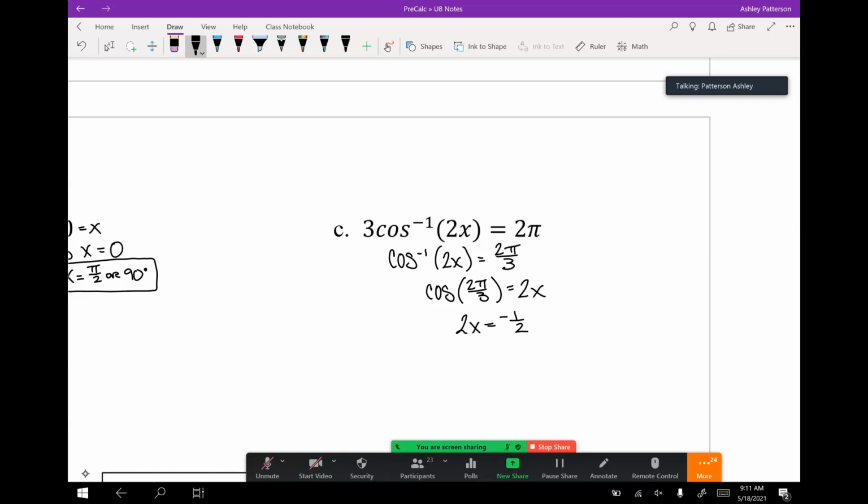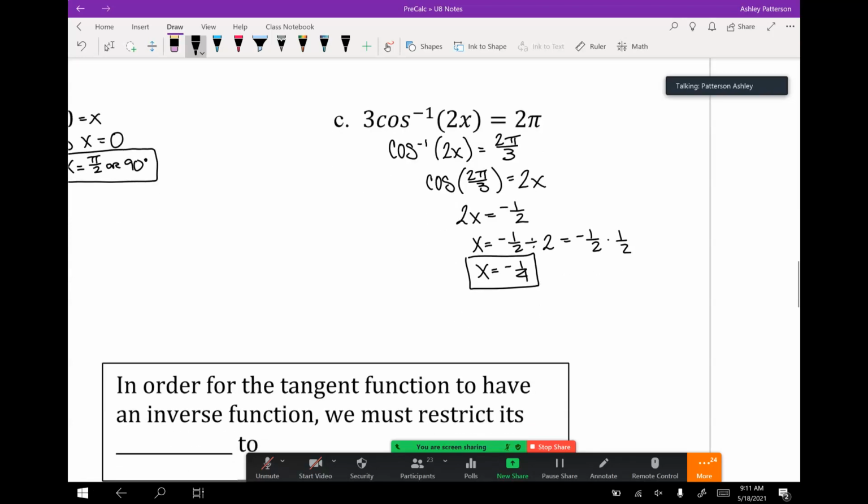And remember, when you divide by 2, we are ultimately multiplying by the reciprocal. So we get x is equal to negative 1/4. Nice. All right, any questions up until this point? We've only got tangent left, and then we'll start our homework. No?